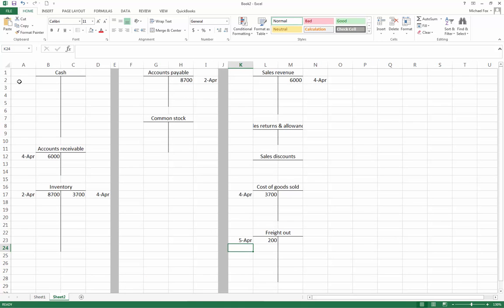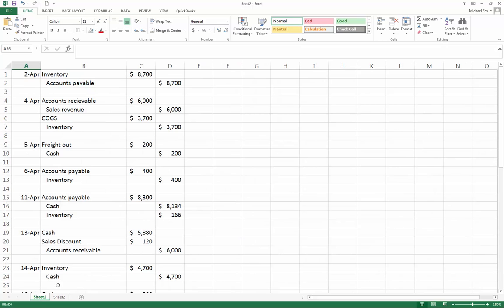You know what, I think cash had a balance, so I'm going to say it had a balance of 10,000, as did common stock. All right. Now we had the freight out, debit of 200, and cash credit on 4/5. Now I'm going to pause it, and I'm just going to fill in the rest of these going down line by line.